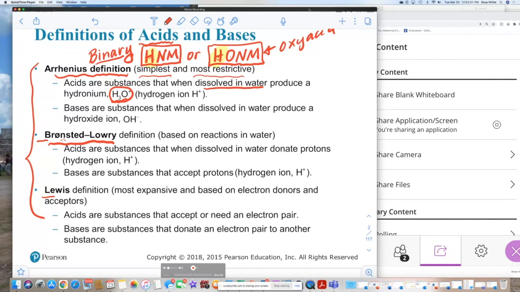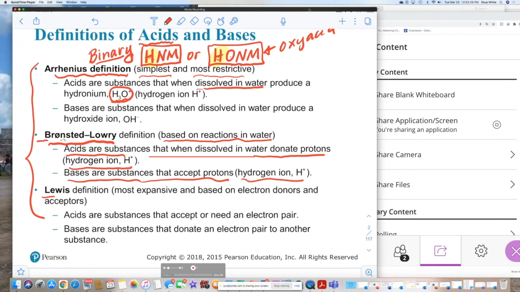When it comes to Bronsted-Lowry, it's based on the reactions of the chemical with water. To me, that sounds like the first definition. Let's see what they're saying. An acid is a substance that, when dissolved in water, like we saw up here, will donate its proton, the hydrogen ion. And then a base is a substance that accepts the proton, hydrogen ion.